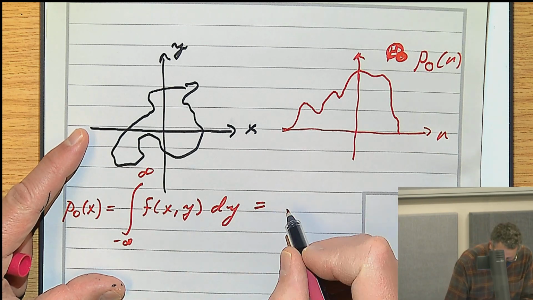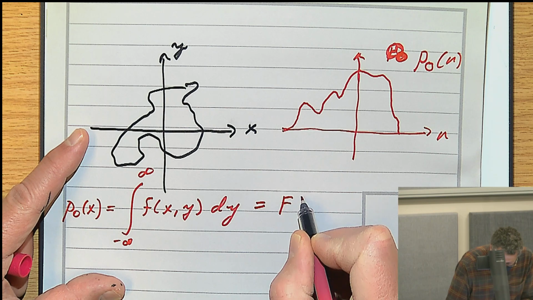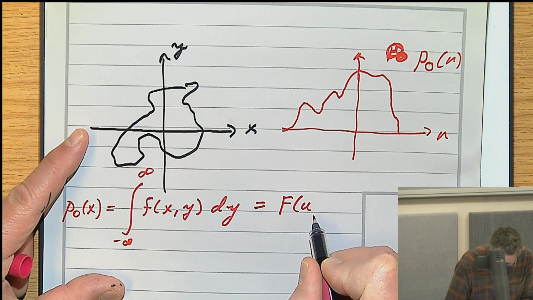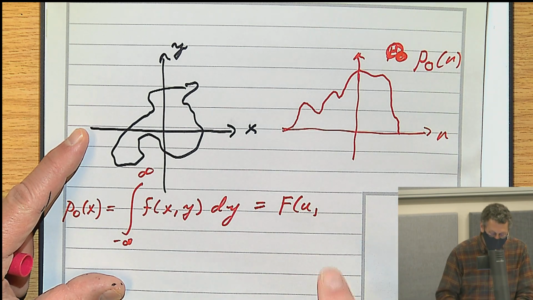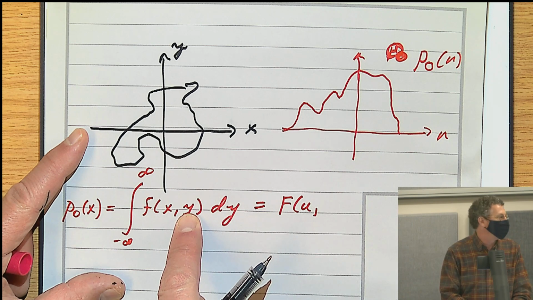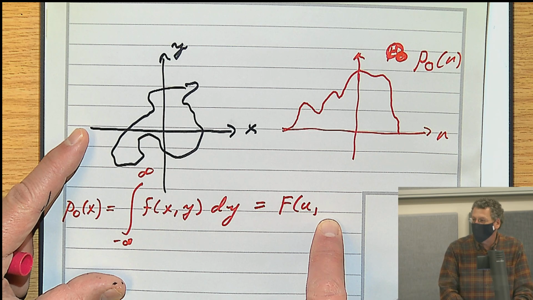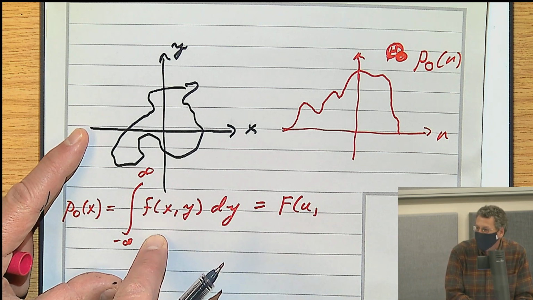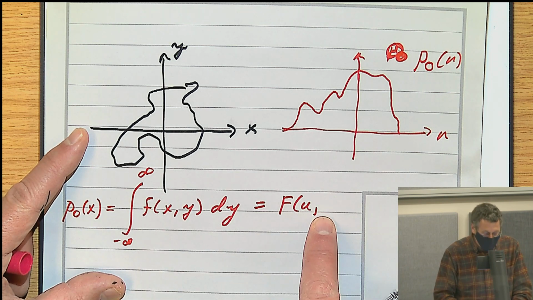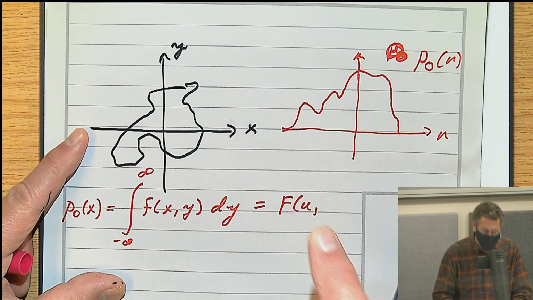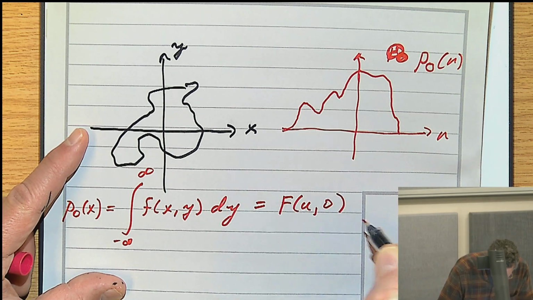Well, it's a 2D Fourier transform, so it's F of u and v, where v corresponds to the frequency in y. It's going to be the DC component because it's the area under the curve. So what do I write here? Does anybody know? 0. Voila.